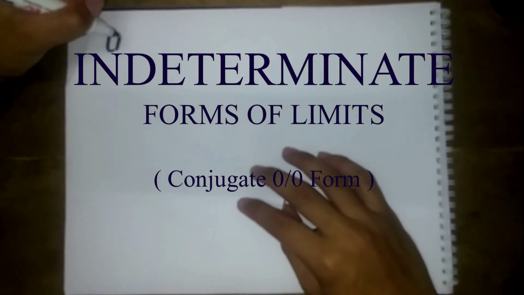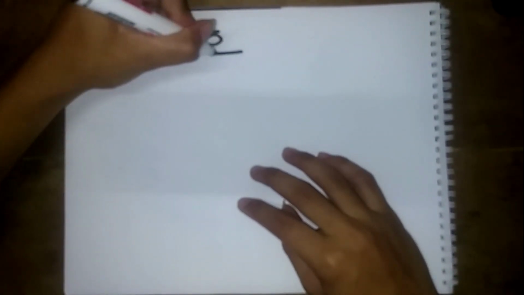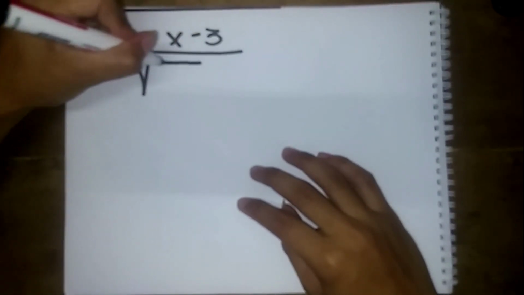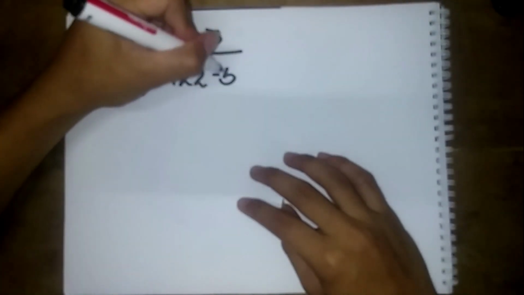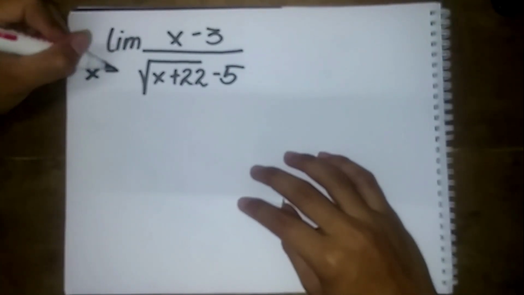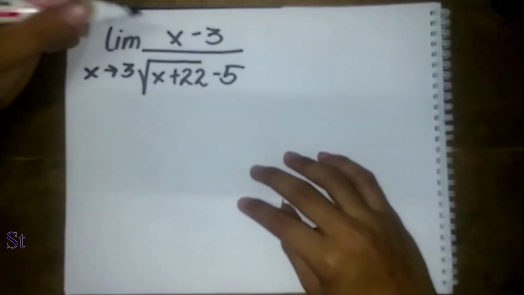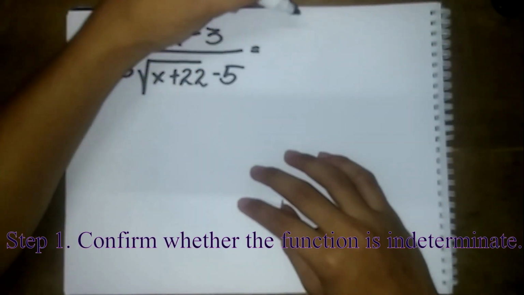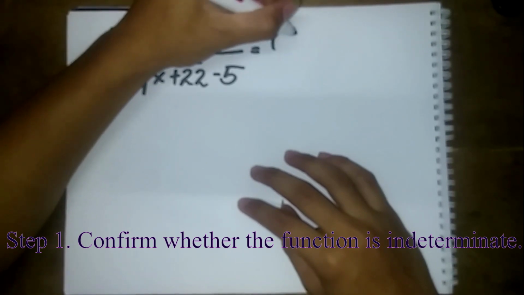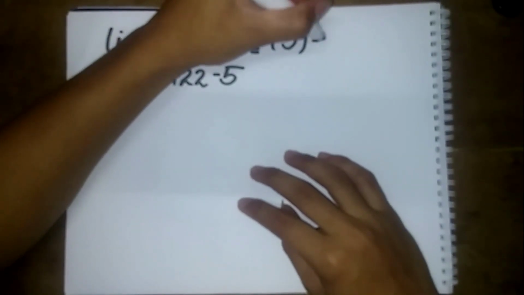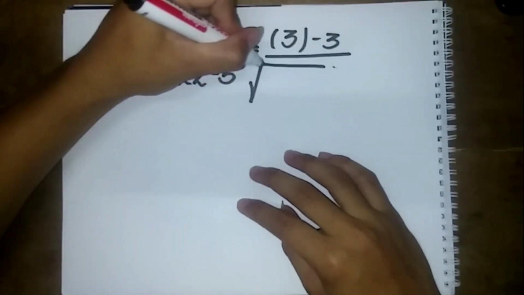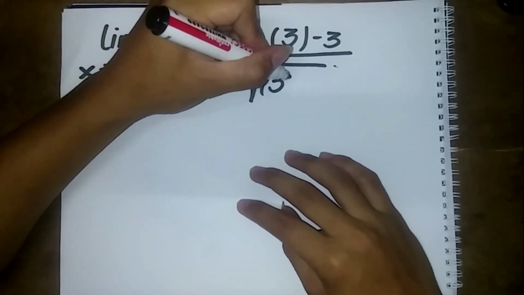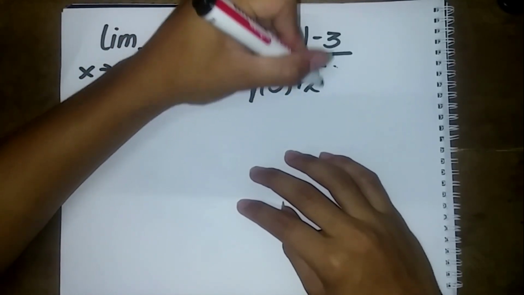Let's have another example using the conjugate form. The limit of x minus 3 all over the square root of x plus 22 minus 5 as x approaches 3. We should evaluate it first: 3 minus 3 all over the square root of 3 plus 22 minus 5.